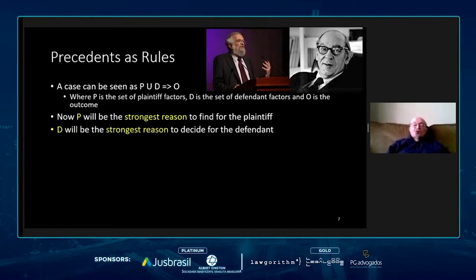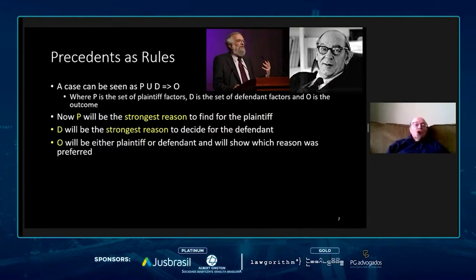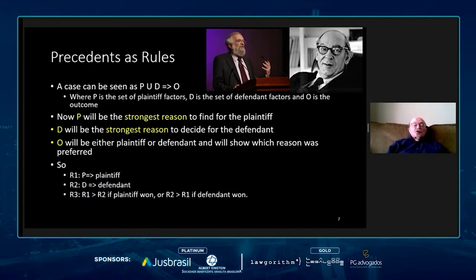D is the strongest reason assigned to the defendant. And O will be either plaintiff or defendant, and will show which of these reasons is preferred. So we get three rules: a plaintiff rule, a defendant rule, and a rule expressing a preference between these, depending on the outcome.